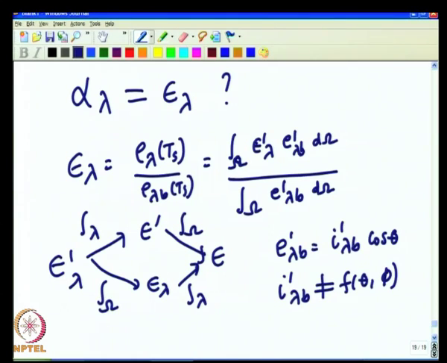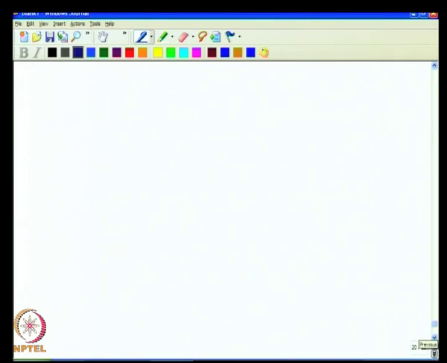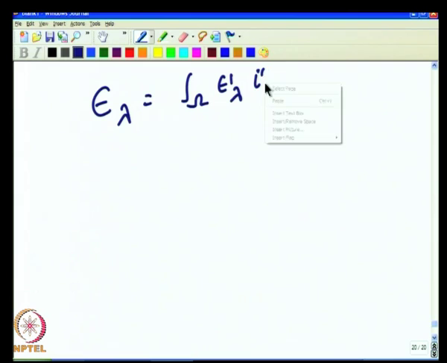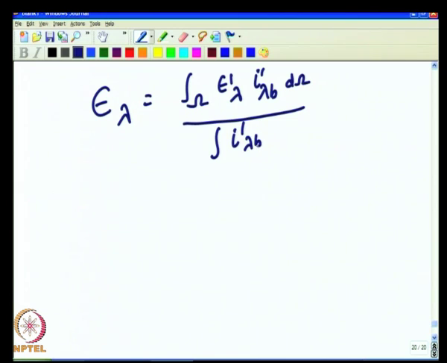So, using both these pieces of information we can write epsilon lambda as integral over omega of epsilon prime lambda I prime lambda b cos theta d omega, and at the bottom, integral of I prime lambda b cos theta d omega.